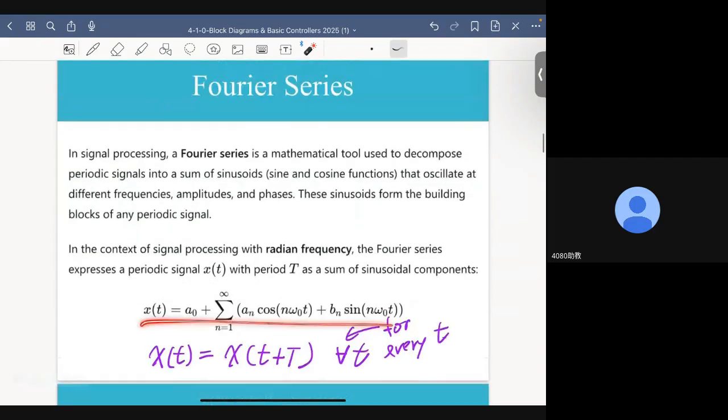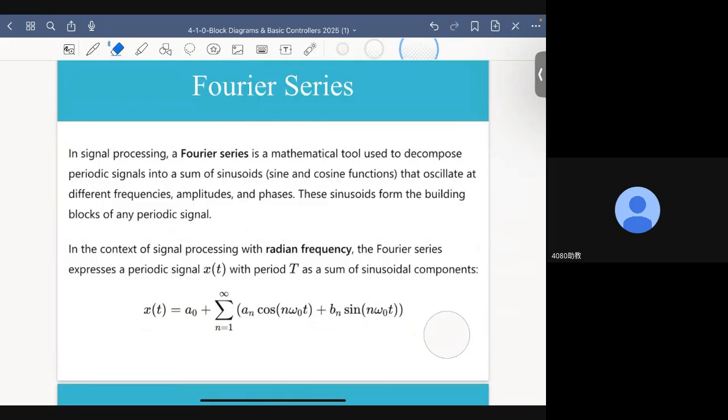So why is A0 an average value? Because if you look at this representation, we still have cosine and sine to consider, right? The reason is that cosine and sine values always come between -1 and +1.